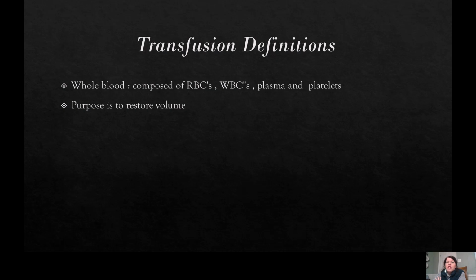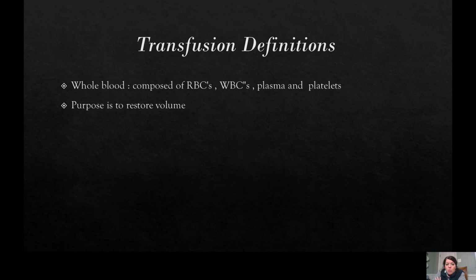Let's talk further here. So when you get a transfusion order, it will say to transfuse RBCs, WBCs, plasma or platelets. It might be whole blood, it might just be platelets, or it might be RBCs, but you'll need to know what that order is because you'll need to send that order to the blood bank.